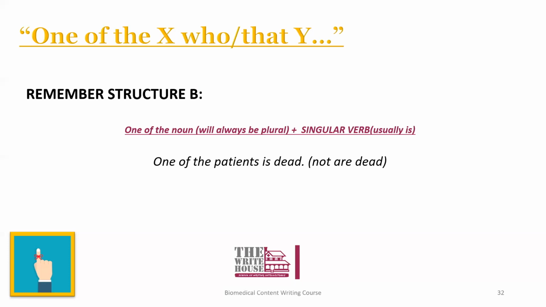So it is one of the patients is dead, and never one of the patients are dead. Although this looks like a very small mistake, it creates a different impression in the mind of readers. And when the reader reads it, it gets more clear and more professional when you write the correct verb and the correct subject in the sentence.